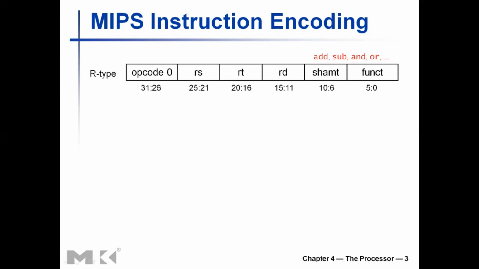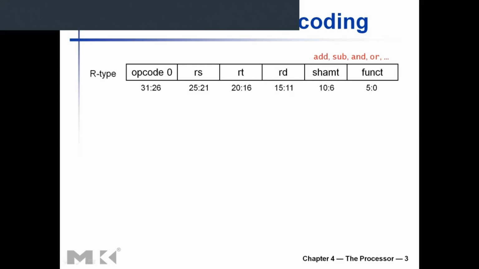You can unmute yourself and answer. 31. Yeah, 31. Is it 31 or 32? If my memory serves me right, we have 32 different registers.